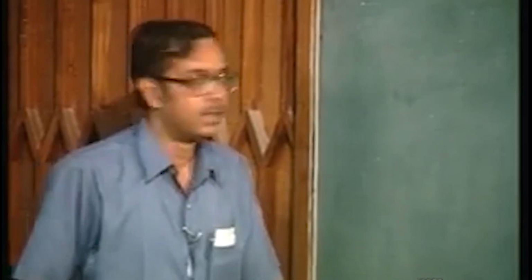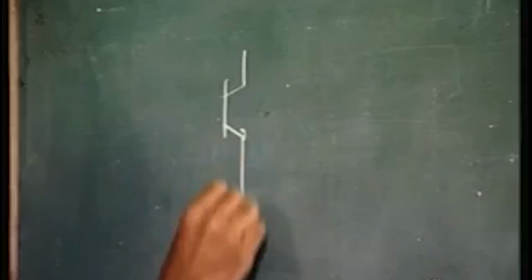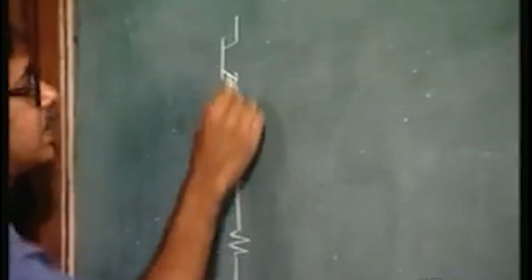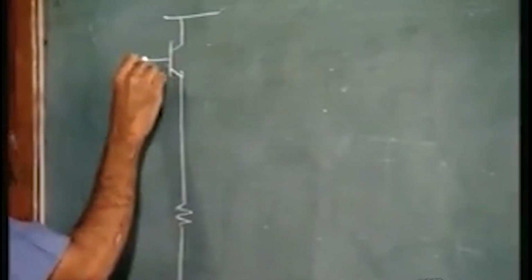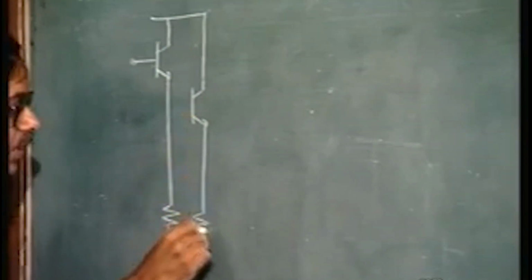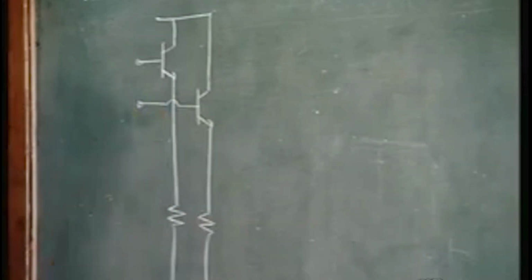So, I shall draw the circuit which I had drawn last class, that is the standard ECL D flip flop circuit, and we shall see how one can actually go ahead and see the difference.